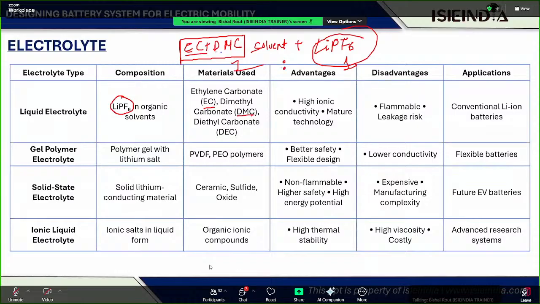And why are we utilizing EC and DMC? Because EC is going to create something called the SEI layer, the solid electrolyte interface layer. But EC is more viscous and not that conductive, and that is the reason we add DMC with it. And there is another reason. EC will be in solid form at 36 degrees Celsius, but room temperature is 25 degrees Celsius, so it is present as a solid.